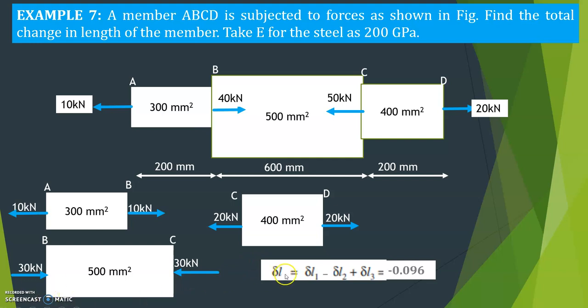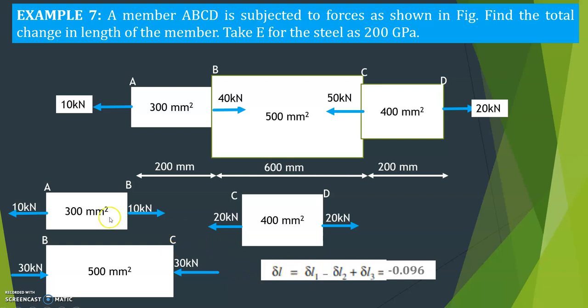So delta L is equal to delta L1 minus delta L2, because this is the compression force, plus delta L3. So use the formula. What is the formula? Delta L1 is equal to P1 L1 divided by A1 E1 minus P2 L2 divided by A2 E2 plus P3 L3 divided by A3 E3.